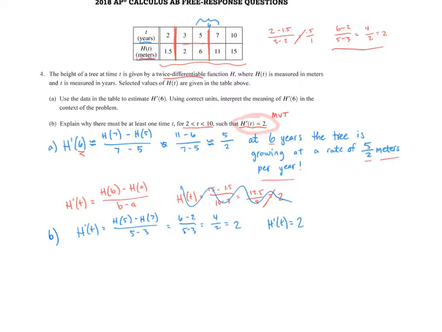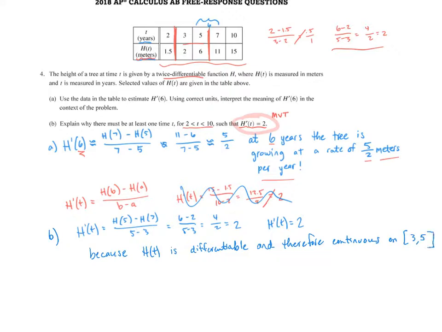So I would start with saying, hey, because h of t is differentiable, which implies that it's continuous, on our interval of 2 to 10, but we even broke it down even smaller than that. We even broke it down to 3 to 5, which is okay, because that's within 2 to 10.